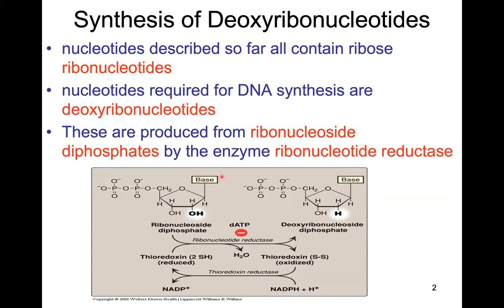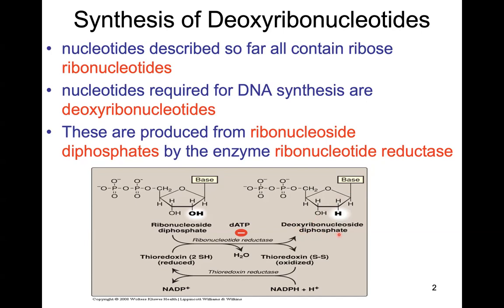So ribonucleotides are produced first, and then they're converted into deoxyribonucleotides. So how is this actually done? So you first start with ribonucleoside diphosphate, and then this is reduced by the enzyme ribonucleotide reductase, and you end up with a deoxyribonucleoside diphosphate.